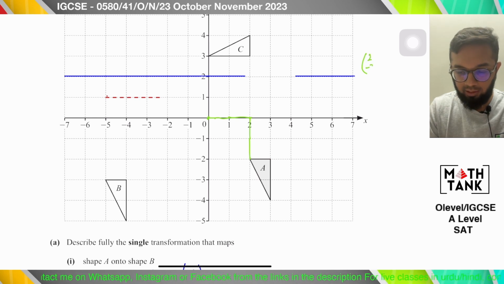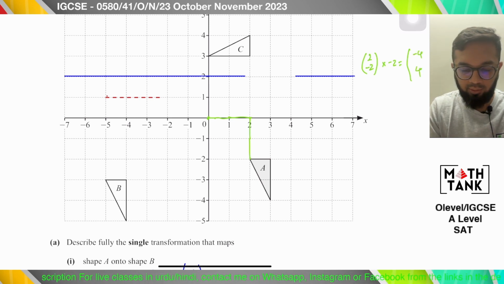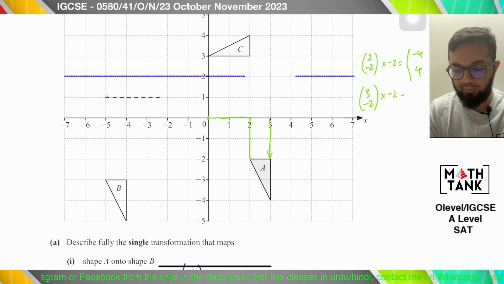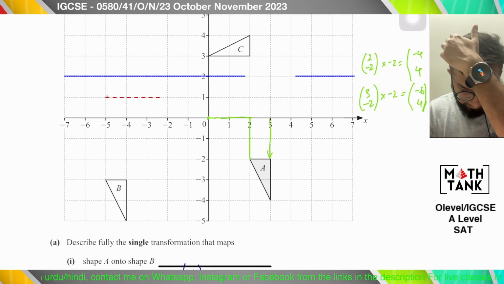So (2, -2) multiplied by -2 gives me (-4, 4). So I'm going to draw that point at (-4, 4) in a bit. Let's count the other points. That's (3, -2). Times -2 gives me (-6, 4).